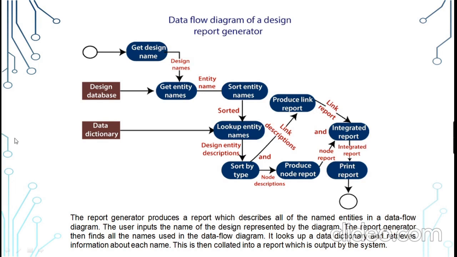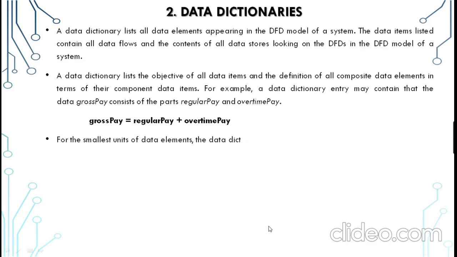So this is how you can retrieve the information about each name which you enter into the system with the help of get entity names with the design database and data dictionary. The report generator finds the names used in the data flow diagram. It looks up the data dictionary and retrieves the information about each name. This is then collated into the report which is output by the system.